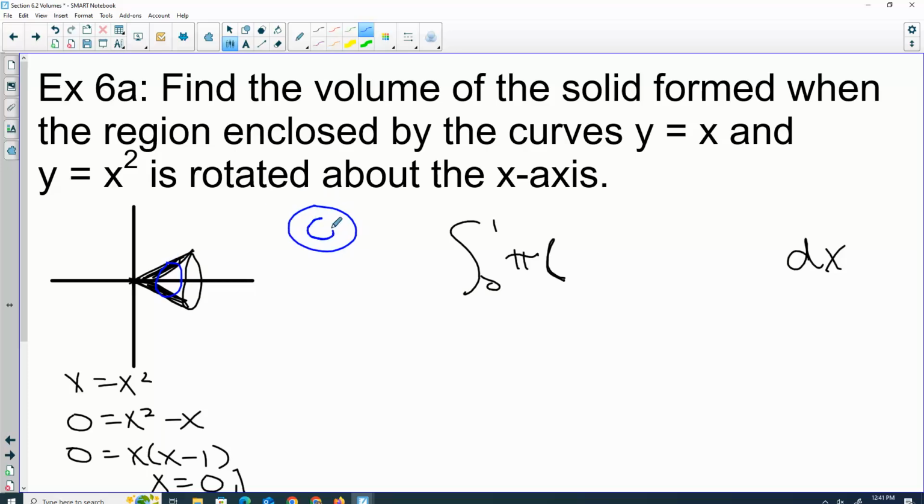You look at a cross section, it's going to be hollow in the middle. So when you're measuring your radius, it's the distance to the outside curve. The outside curve is my line, my x, but it's always the radius squared, minus the inside one, which is x squared.